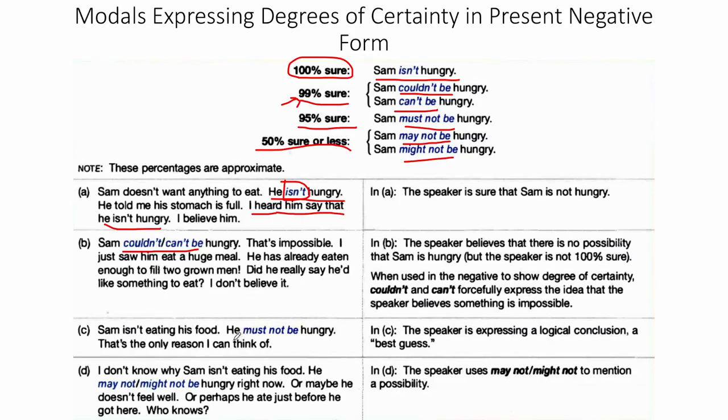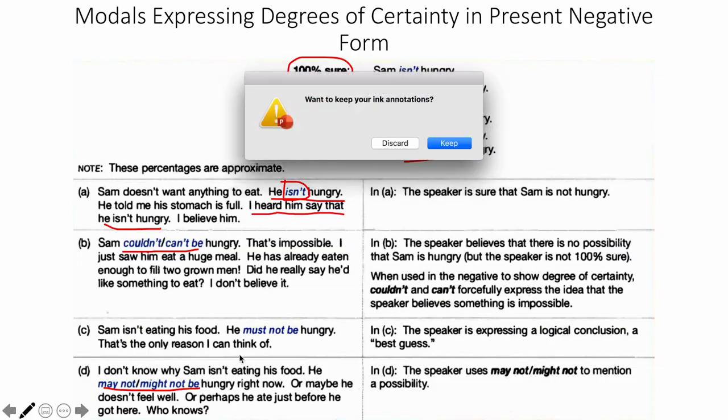I'm saying that he must not be hungry now. But when we are very doubtful, that is, when we are 50% sure or less, we can use may not or might not be hungry. So this is for expressing degrees of certainty in the present negative form.